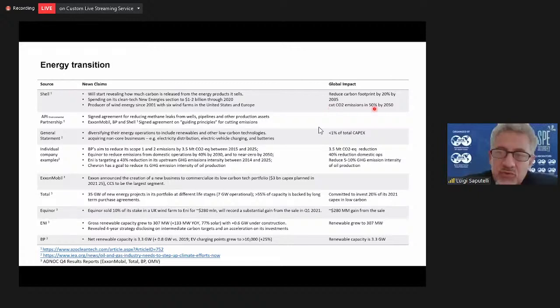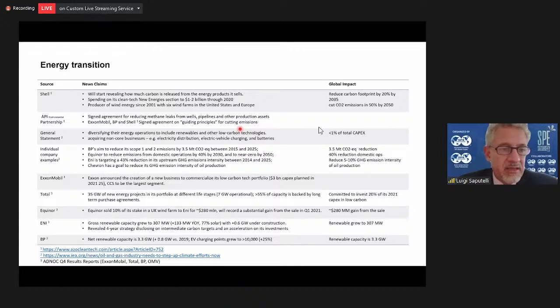When they say cutting CO2 emissions, they refer to scope 1 and 2, because they will continue to sell the oil, which will be producing and generating scope 3 carbon emissions. Companies like ExxonMobil announced the creation of a new business to commercialize a low carbon tech portfolio.